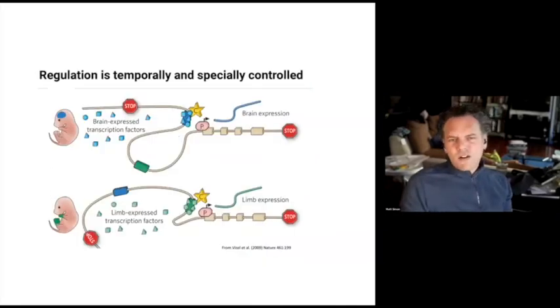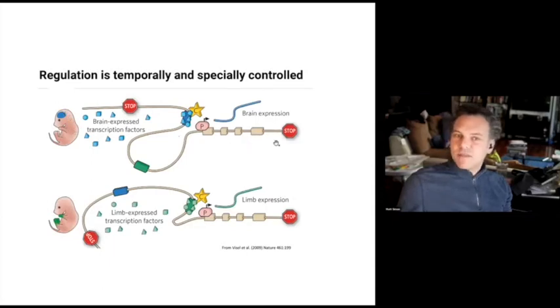It's also worth emphasizing, I think it was kind of implicit in what I said in the last slide, that of course different cells require different parts of their genome to be on at different times. And so therefore, if you're studying brain or limb, different genes are going to be on to make a limb or a brain.